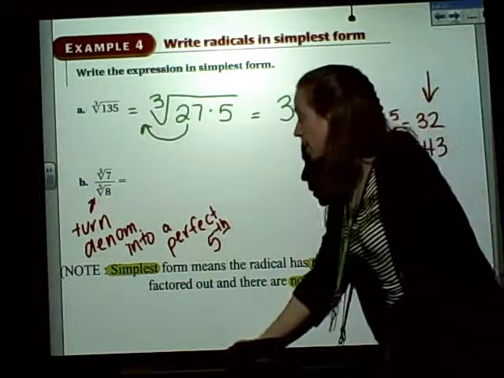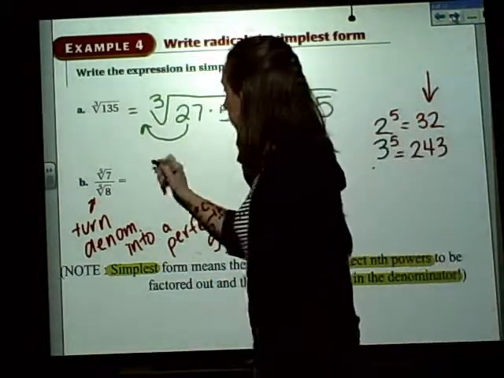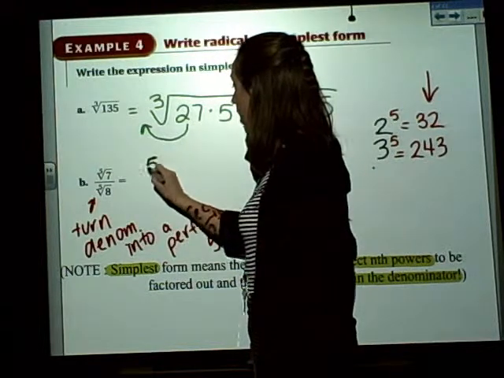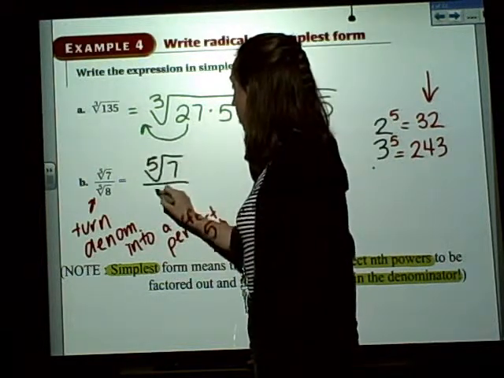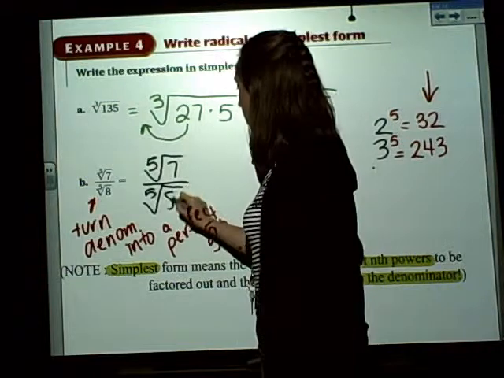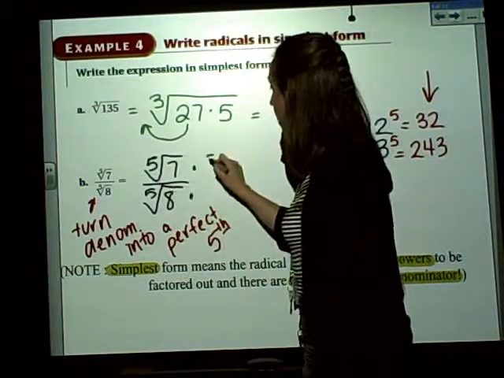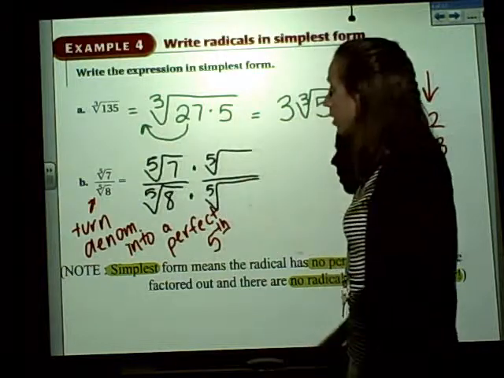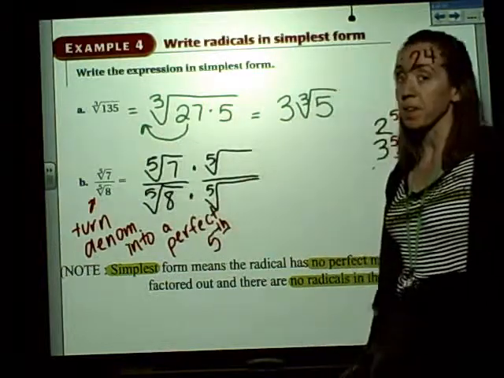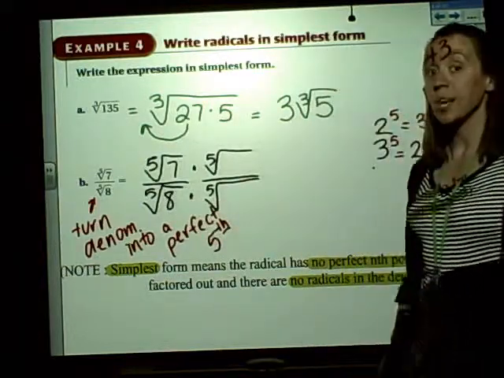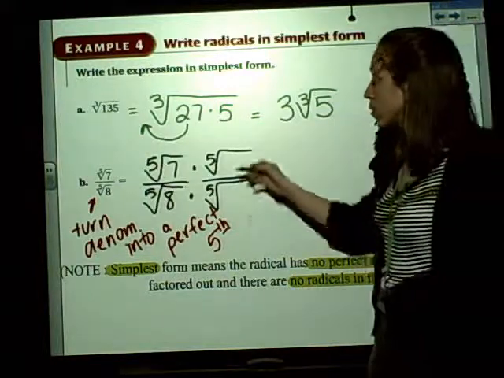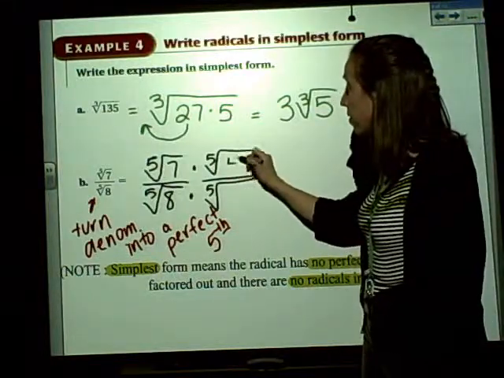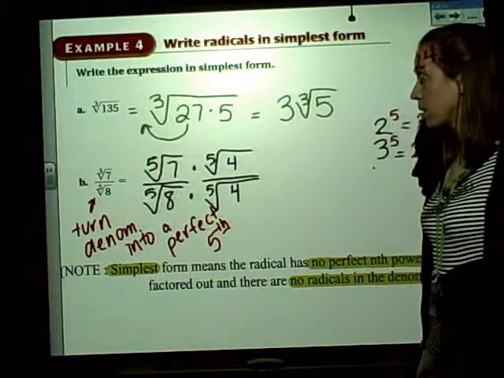And remember, it's got to be in that same form according to that product property. So we're going to multiply the top and the bottom by the fifth root of a number in order to turn this into a perfect fifth. Well, we know 8 times 4 is 32. So we're going to multiply the top and the bottom by the fifth root of 4.